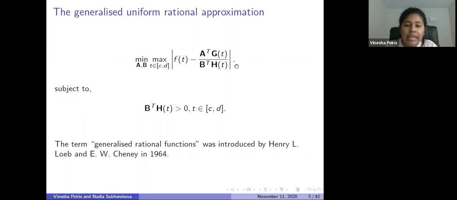G(t) and H(t) are the basis functions. They are not restricted to monomials now. They can be any function of t as long as the numerator and denominator remain linear with respect to its parameters. And of course, we need our denominator to be positive, and we usually fix one of the terms in the denominator to avoid getting multiple optimum solutions which are multiples of each other.